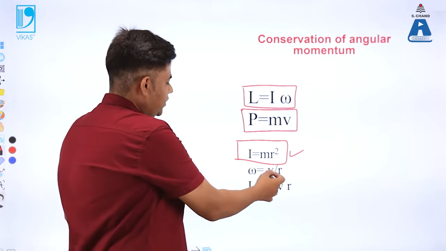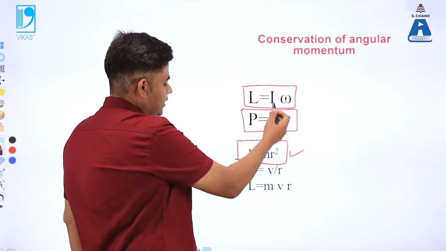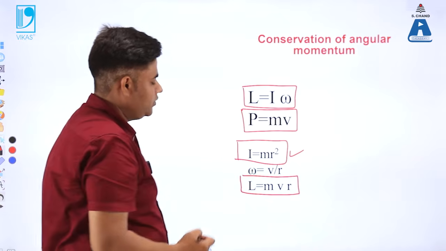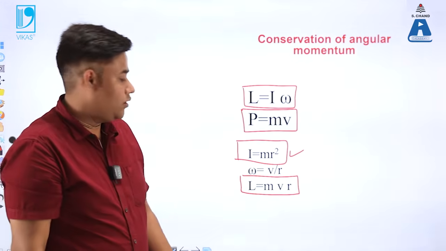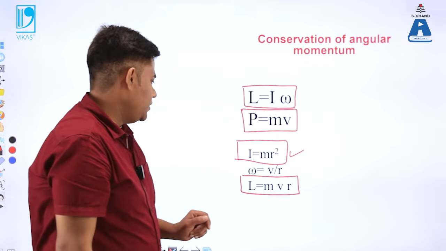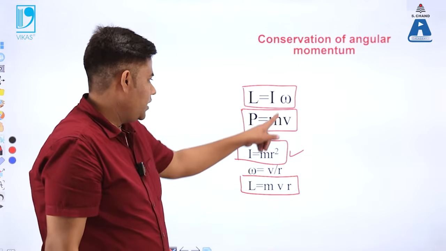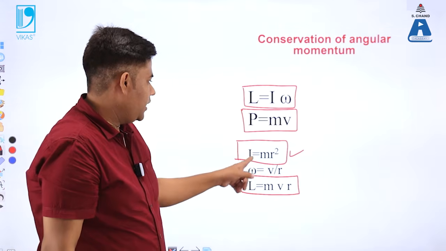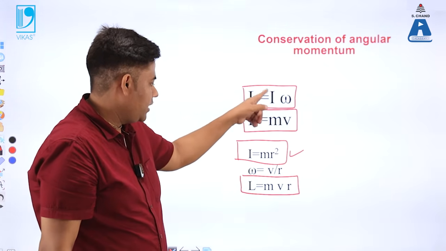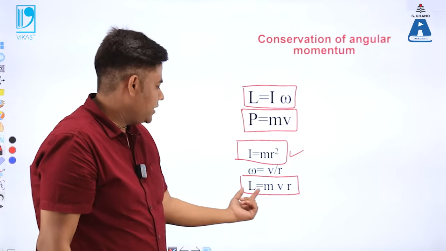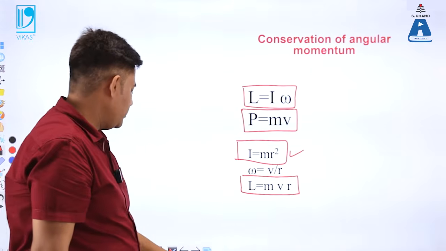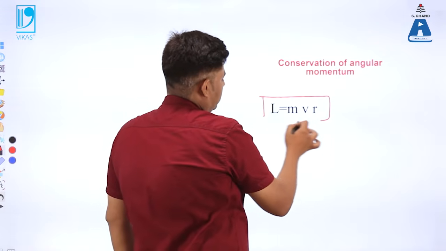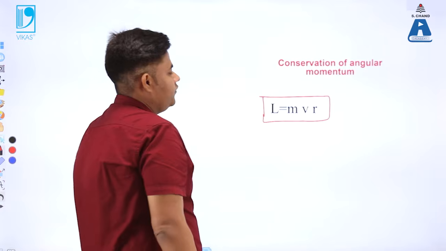When we substitute these formulas in this expression, I get omega as V by R, and I as m r squared. So R and R get cancelled out, and L becomes m v into R. The formula of angular momentum becomes L equals m v R.